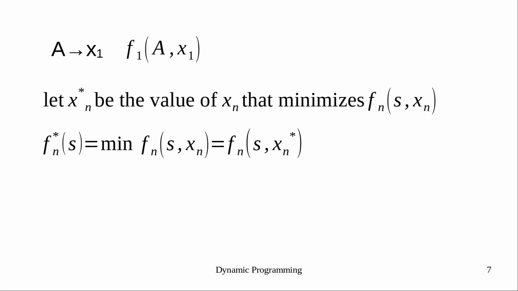So in this function, if we put Xn star, it minimizes the value of Fn.